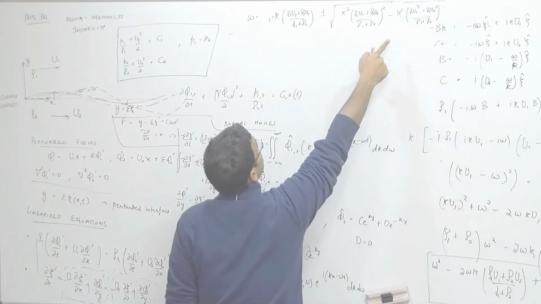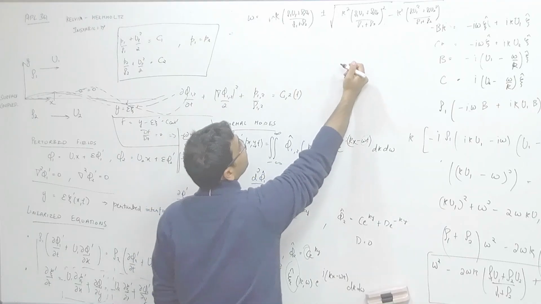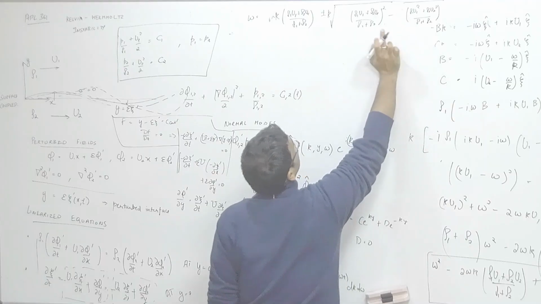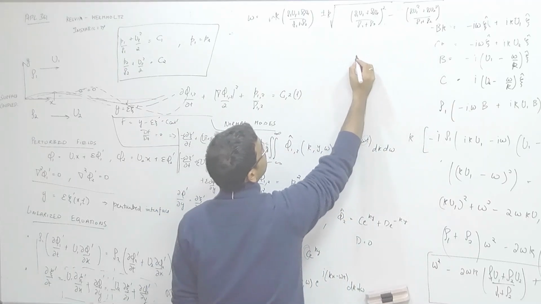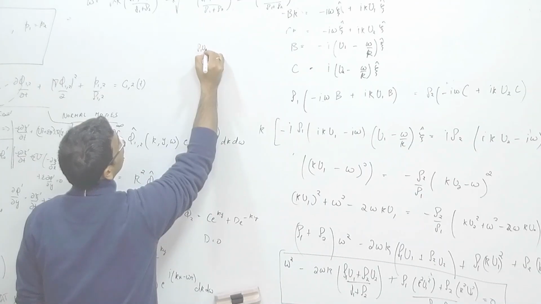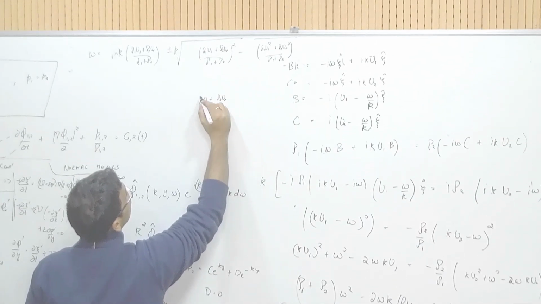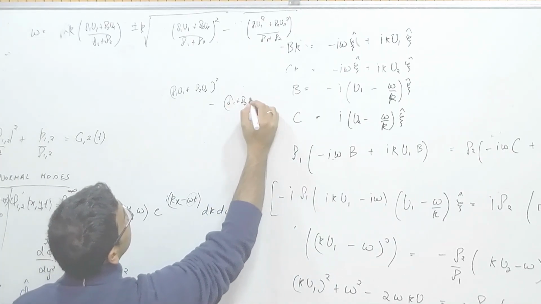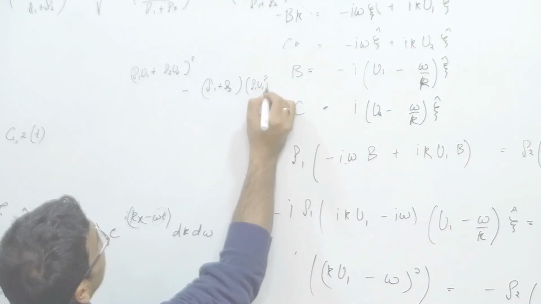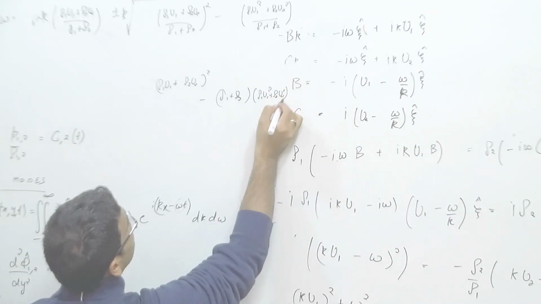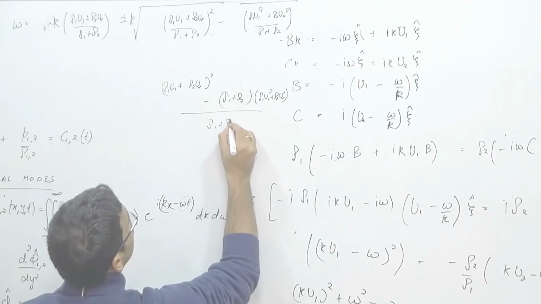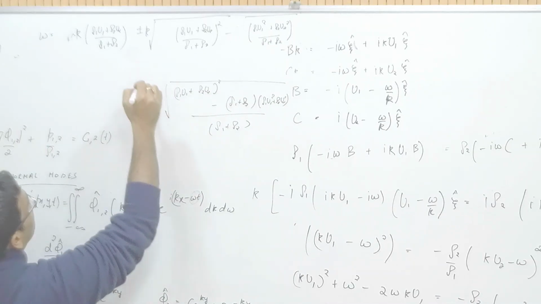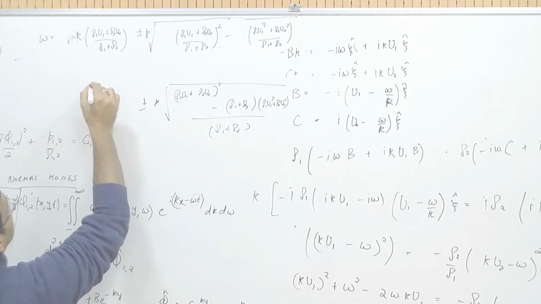What do we get when you simplify this? So let's take k outside. What do we get here? So we have (rho 1 u1 plus rho 2 u2) whole square minus (rho 1 plus rho 2) times (rho 1 u1 square plus rho 2 u2 square) by (rho 1 plus rho 2), square root in the numerator, and then a plus minus of k and this guy.